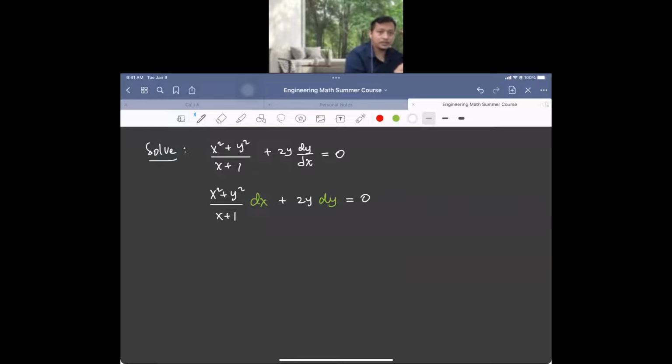And as usual, we can check the exactness.